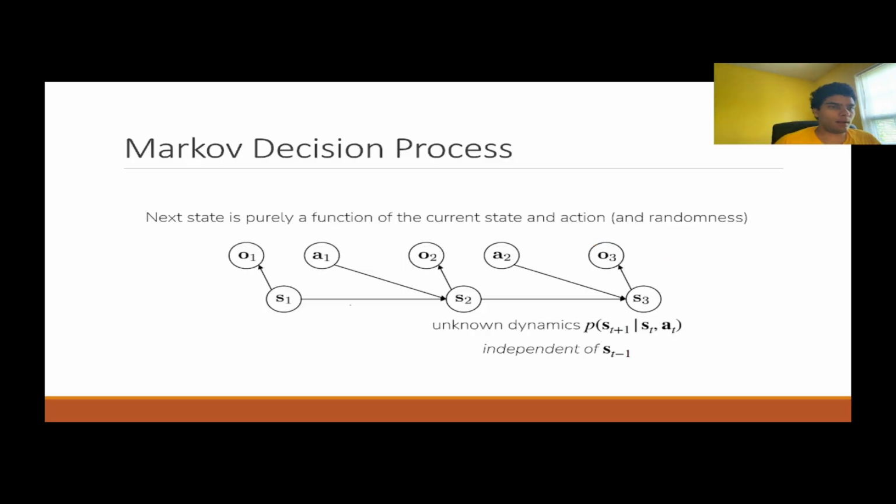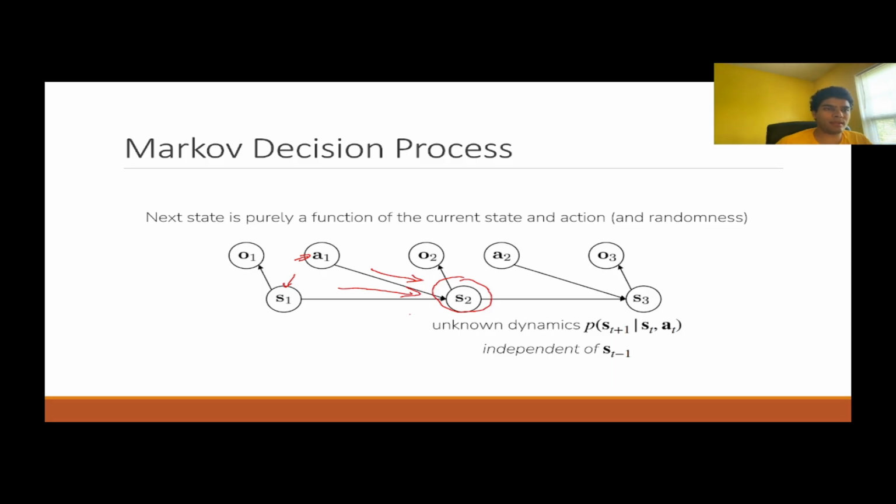Okay, so the whole framing of our problems is with this Markov decision process. And what that looks like is, given a state and an action, those two things are the only things that contribute to the next state. So it's a simplification because obviously there's still randomness and stochasticness in the world around us.